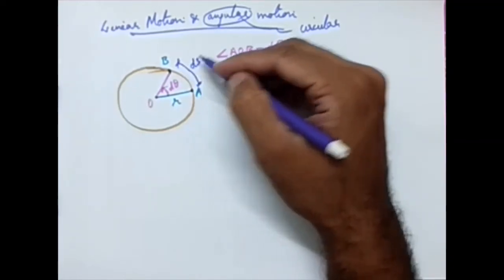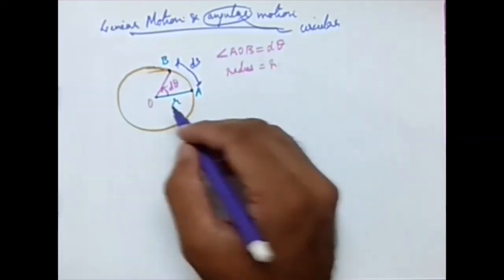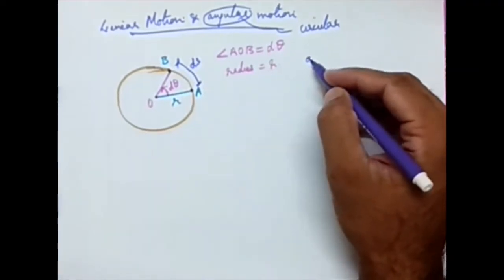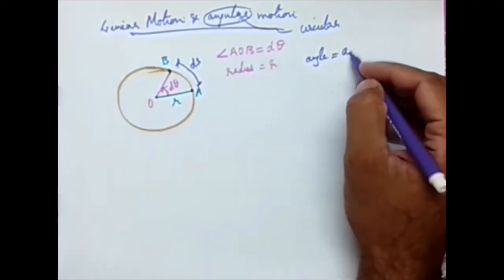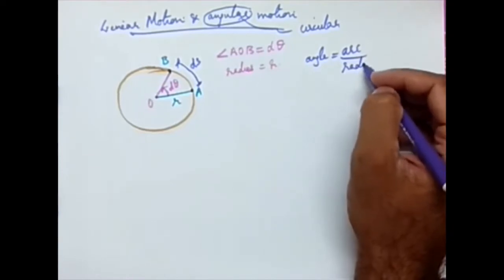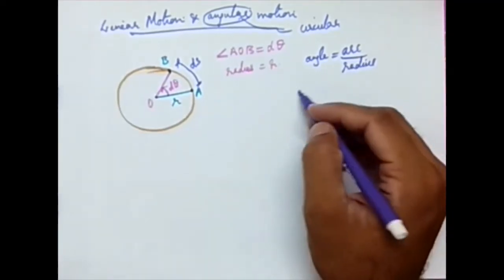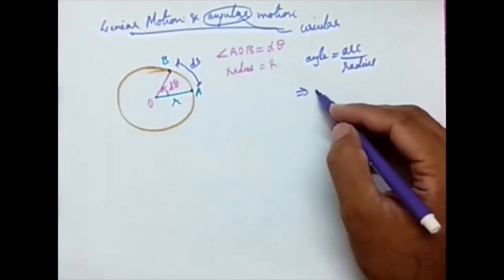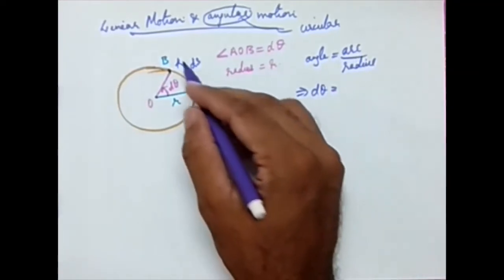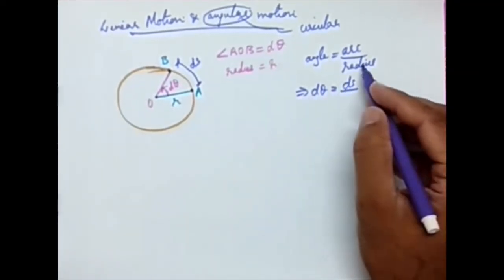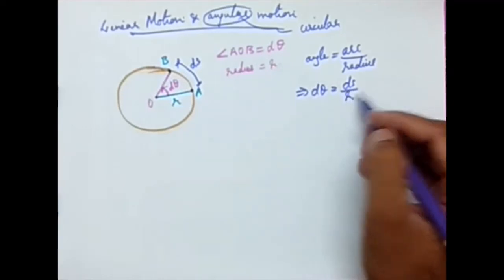I'm calling it ds. So we have the equation angle equals arc by radius, a relation that you learned in school itself, I guess. So here the angle is d theta, the arc is ds, and the radius is r.